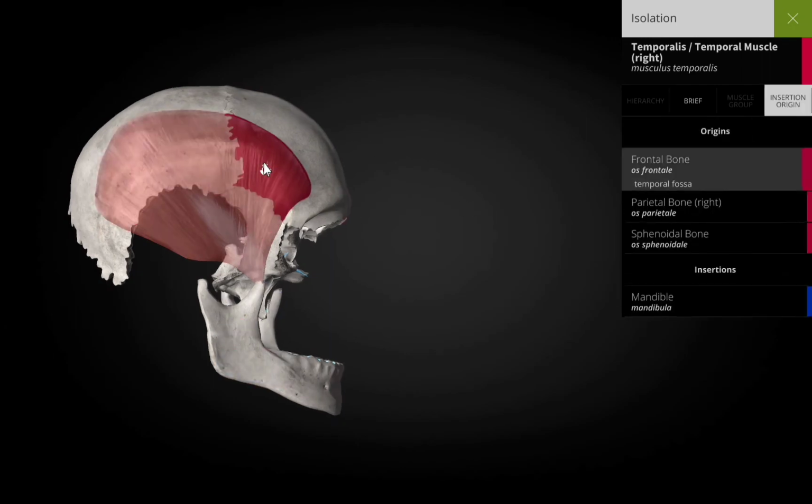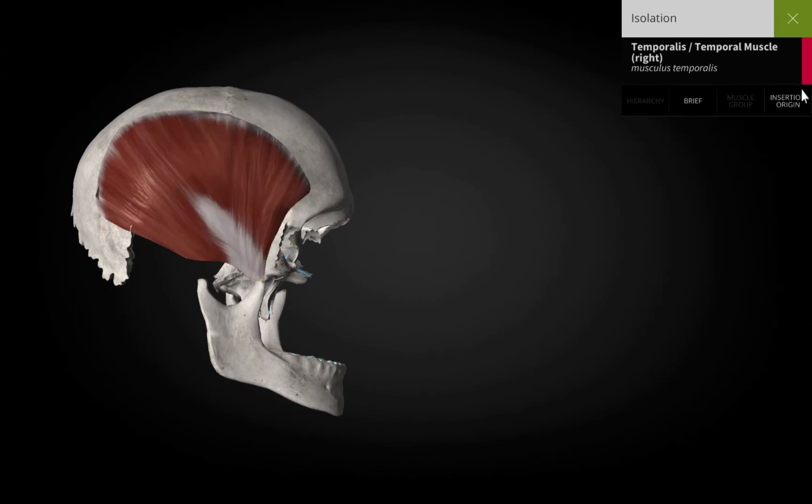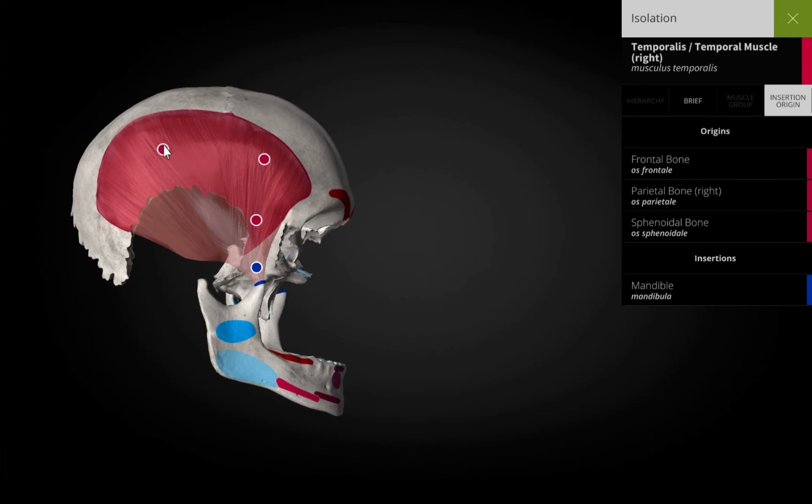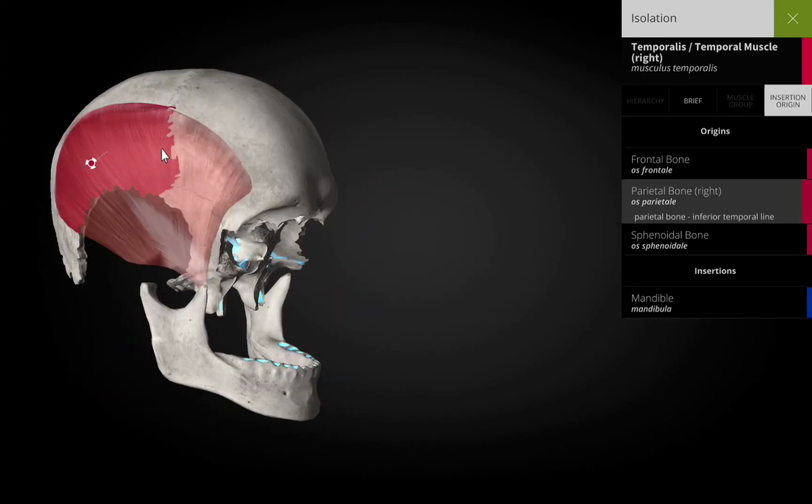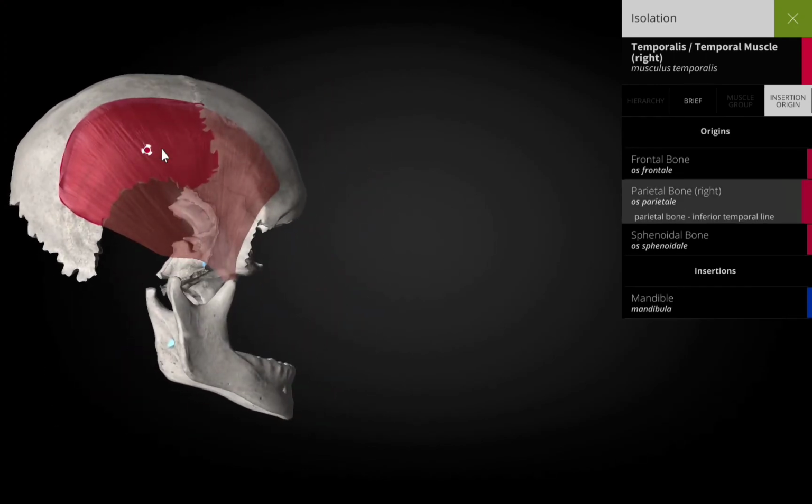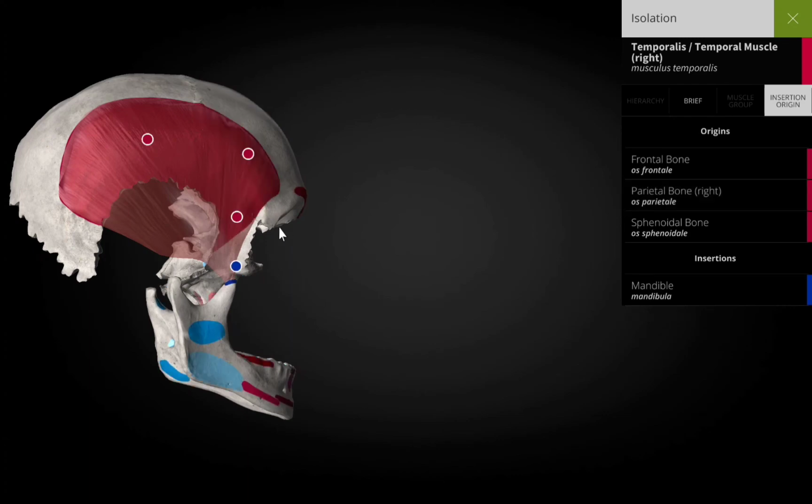Then you can see here, this is the frontal bone, which also contributes to the formation of the temporal fossa. And this is the parietal bone. So it takes origin from almost the whole of the temporal fossa, except from the zygomatic bone, that is the cheekbone.